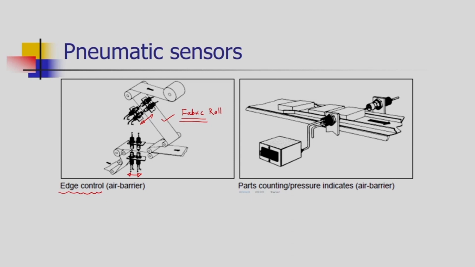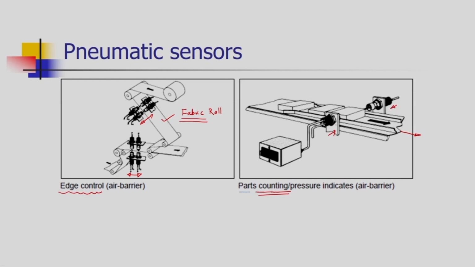Then pneumatic sensors are also used for counting purposes. If you consider a conveyor, and over this conveyor the boxes are moving, and we need to find out how many boxes are passing over a period of time over the conveyor, for that purpose the pneumatic sensor can be mounted.